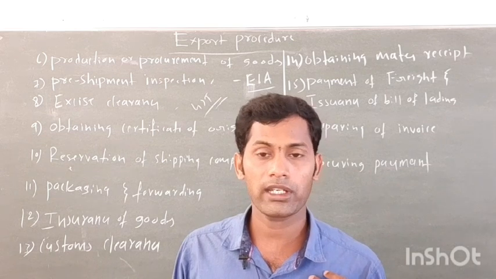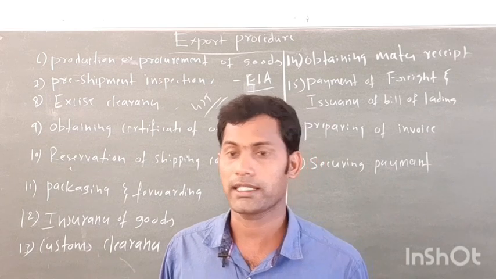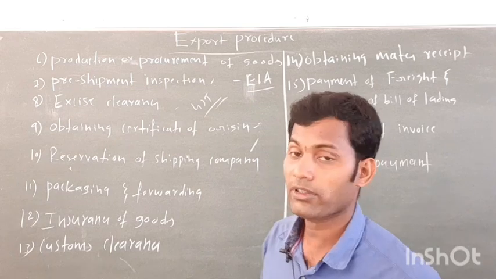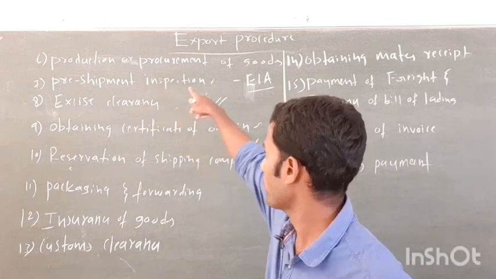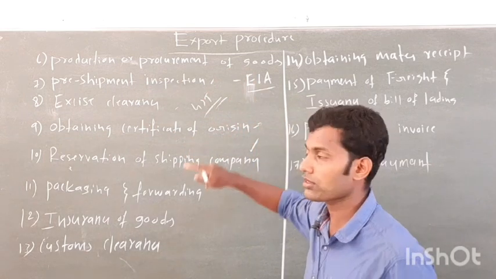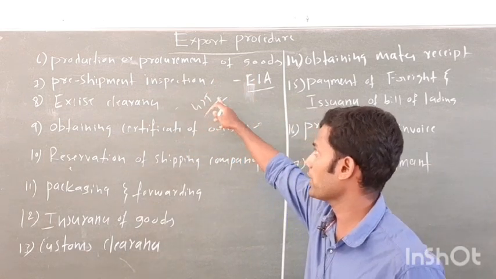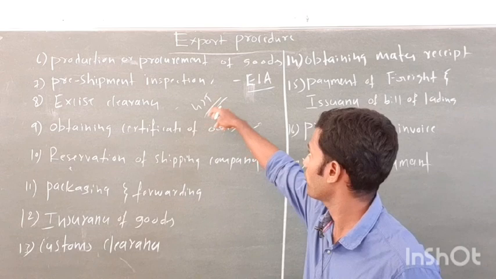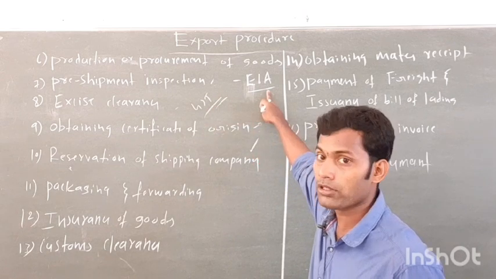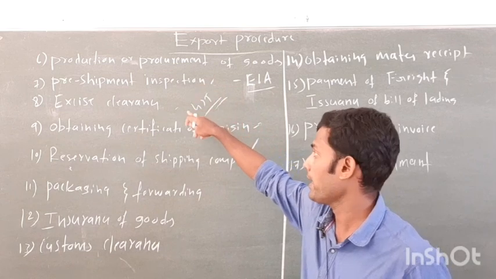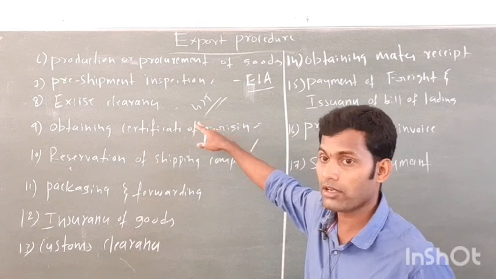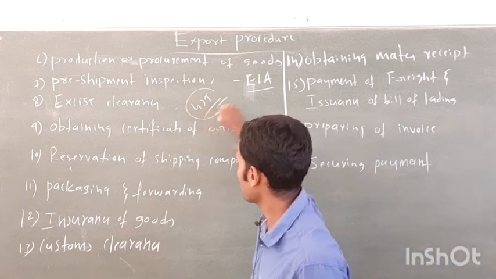Then we should get the pre-shipment finance. After pre-shipment finance, the exporter has to go for production or procurement of goods. Then pre-shipment inspection from EIA, the Export Inspection Agency. Then we have to clear the excise, but nowadays we have GST.